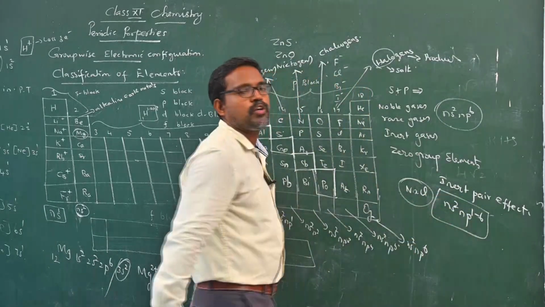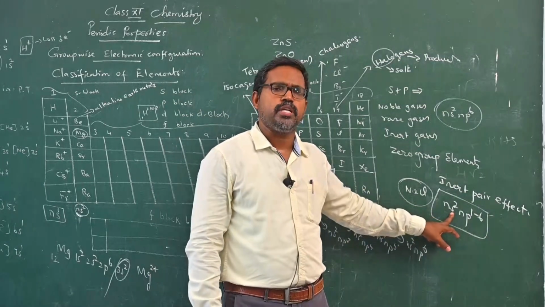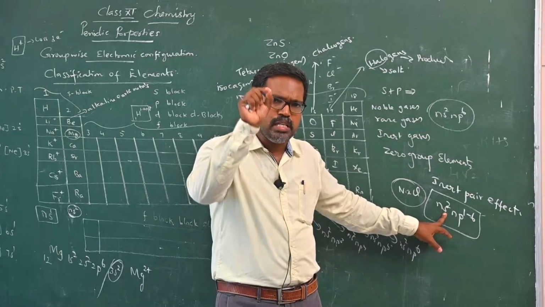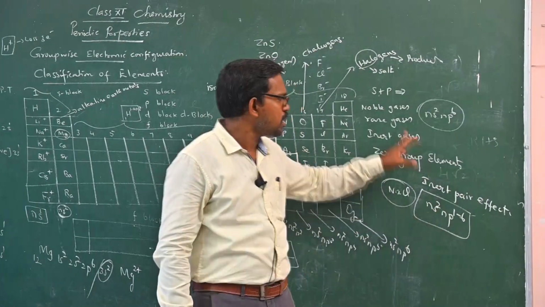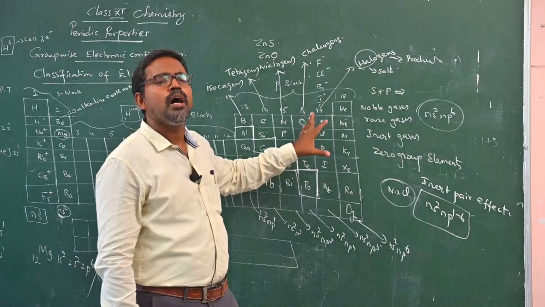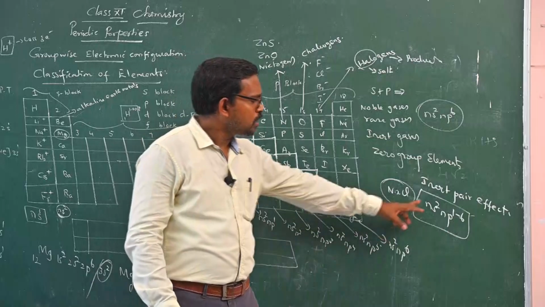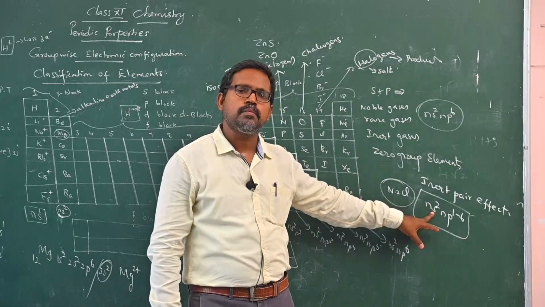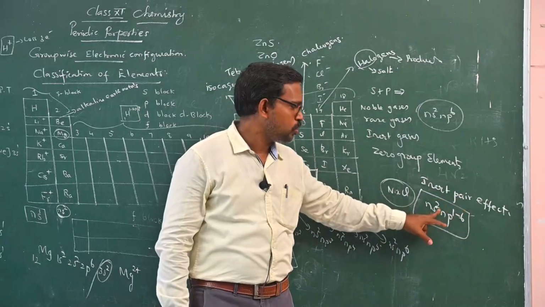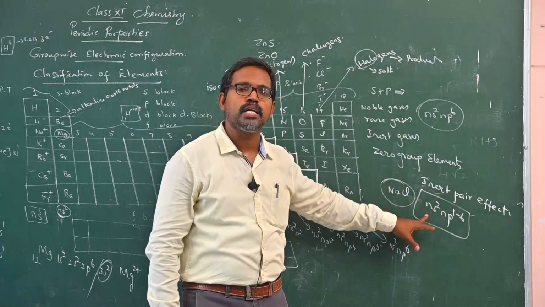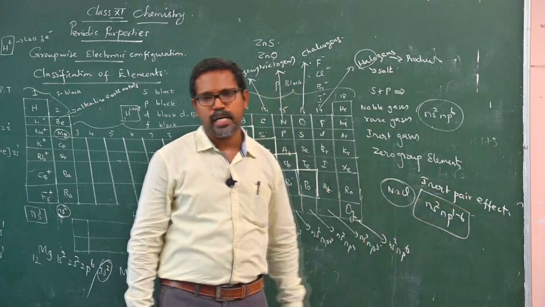The pair of electrons present in the s orbital does not take part in covalent bond formation, because most of the p block elements are covalent in nature. In covalent bond formation, the two electrons are not involved. Therefore, this pair of electrons is inert and does not involve in bond formation. Hence, this is called the inert pair effect.